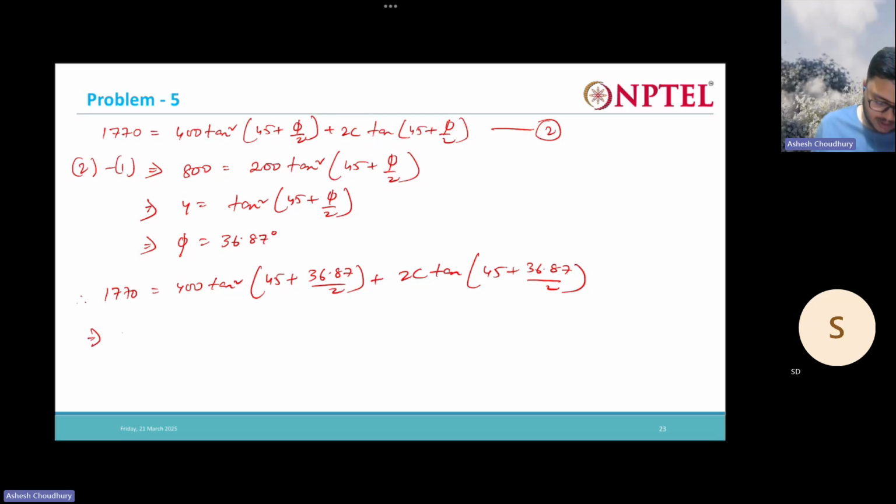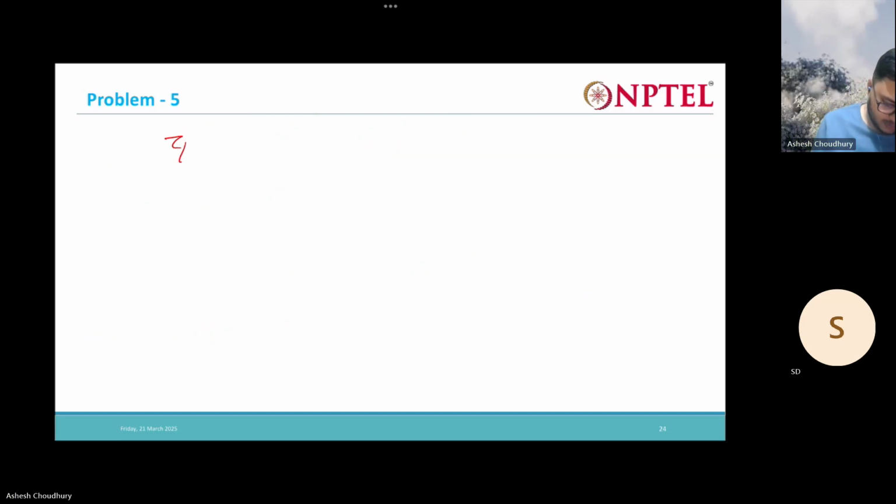So from here we will get phi and C. That's clear. Now, the final part is the direct shear test, to estimate the shear stress. So it is tested in a direct shear test, then the shear stress follows.